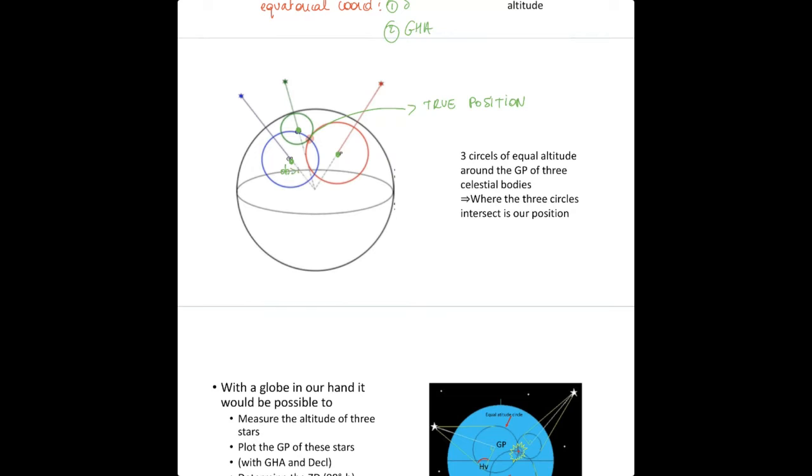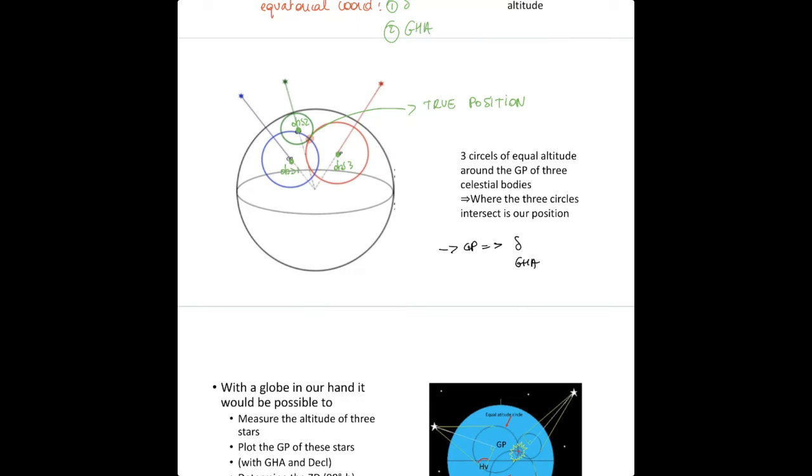So we have 3 observations: observation 1, observation 2, and observation 3, with the 3 geographical positions of the celestial bodies. Then we can draw the equal altitude circles. How do we do this? We find the coordinates of the celestial bodies. This is again defined by the declination and the Greenwich hour angle.